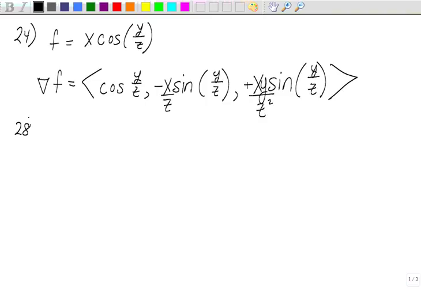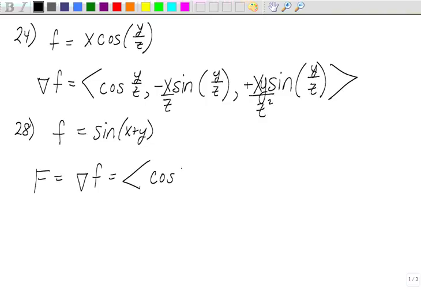Okay, for 28, we're going to use Maple. And it says if your function is sine x plus y, we want to plot the gradient vector field together with the contour map. So the gradient vector field is cosine x plus y, cosine x plus y.